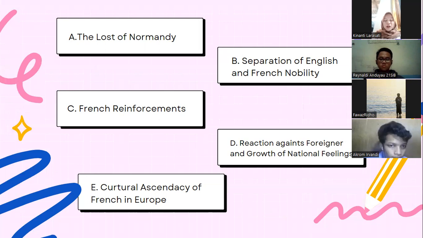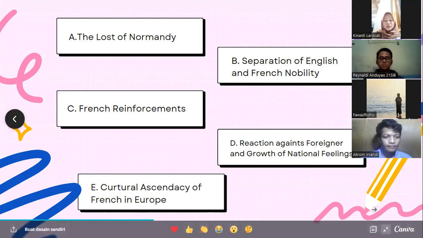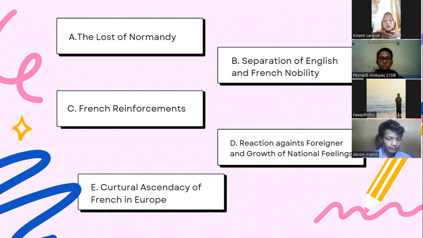After 1250, there was no reason for English aristocrats to think of themselves as anything other than English.